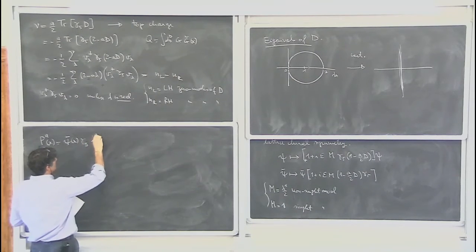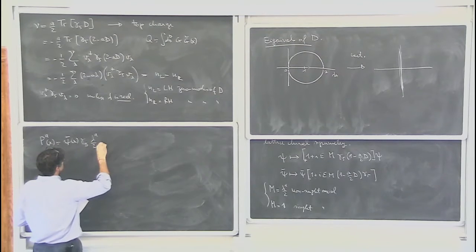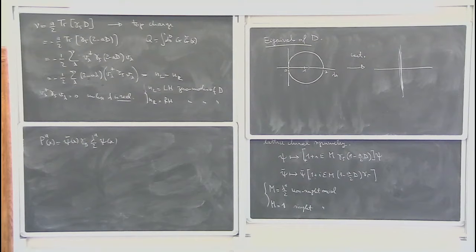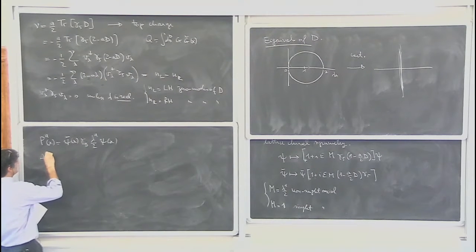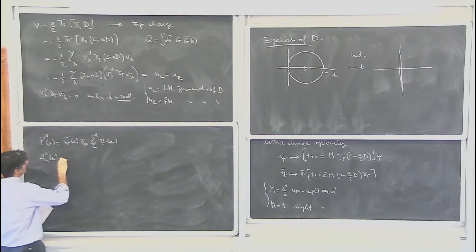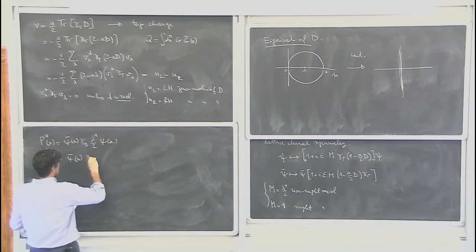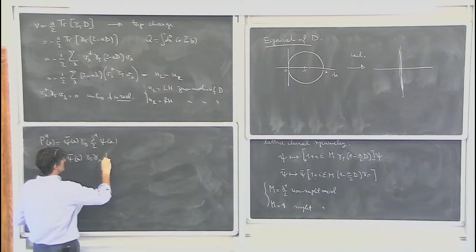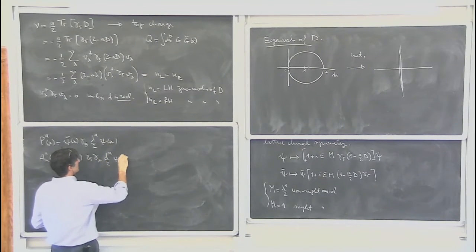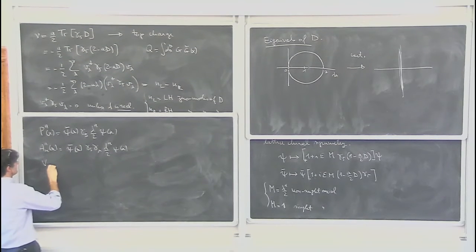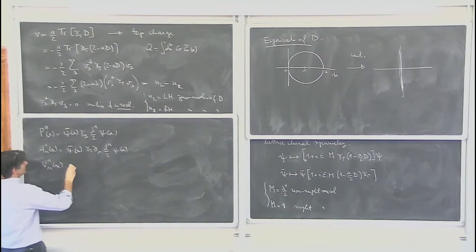Here we plug in λA over 2, ψ of x. Okay, so this is called the pseudoscalar density. We're going to consider an axial current, just to give you a few examples: ψ bar of x, γ5 γμ, λA over 2, ψ of x. We're going to consider vector currents.